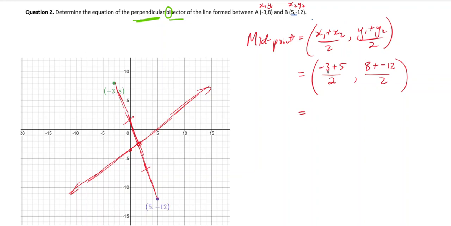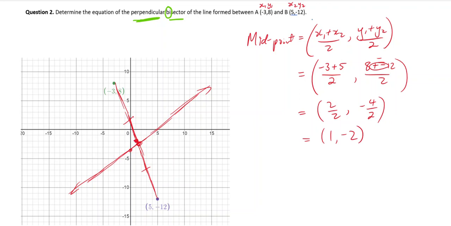And so let's have a look at what we get. -3 plus 5 is 2, so it's 2 over 2, and 8 minus 12 is -4, so we've got -4 over 2, and when we simplify that, we end up getting a coordinate of (1, -2).